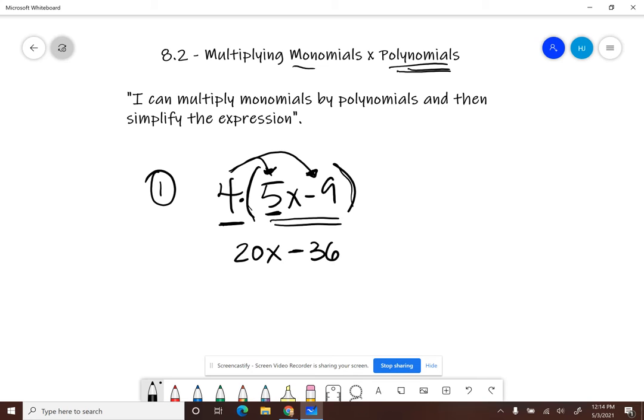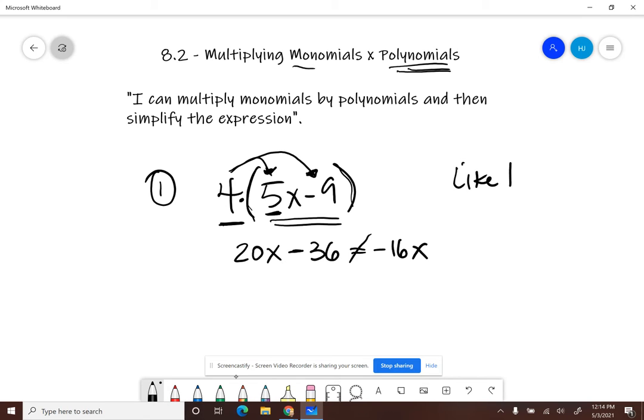Now, can I go ahead and combine this part? A lot of people may try to take this 20x minus 36 and make it, say, negative 16x. I'm going to tell you that that is not true. You cannot combine these two things because they are not like terms. Let's have a little discussion about like terms.